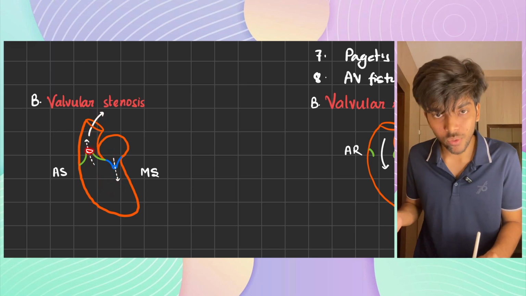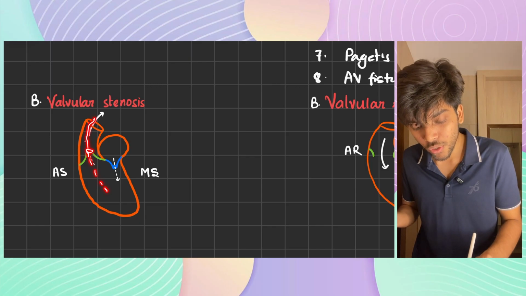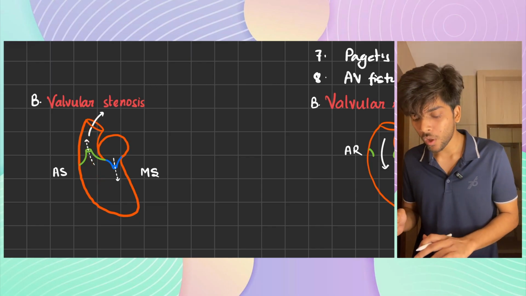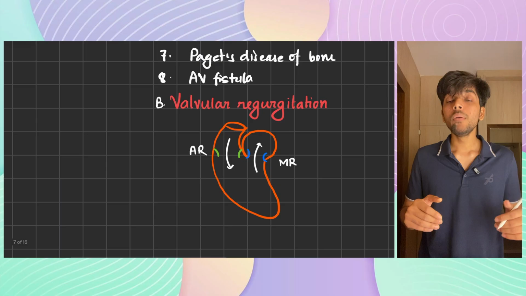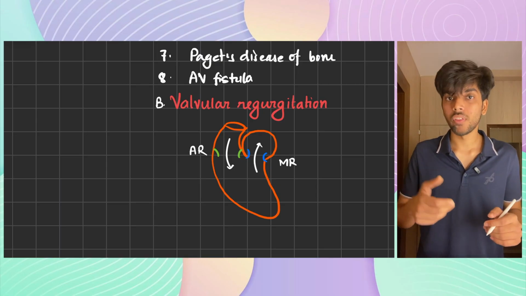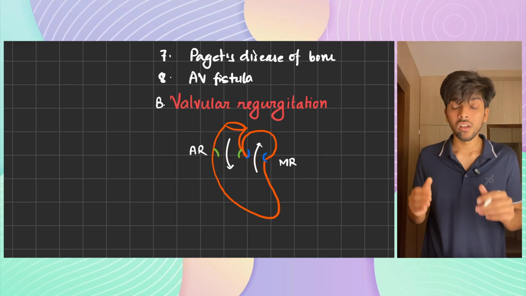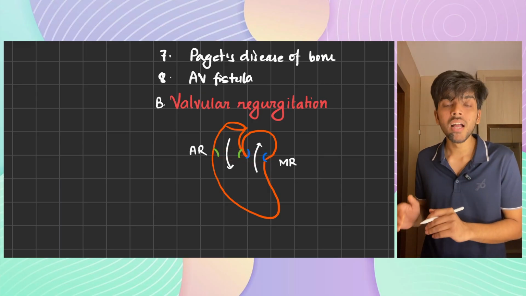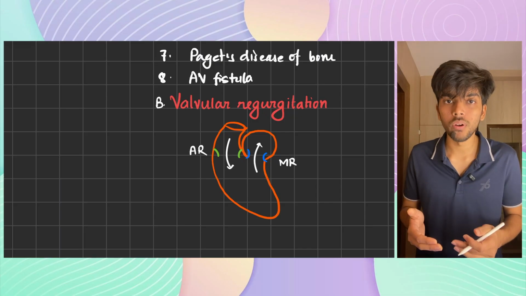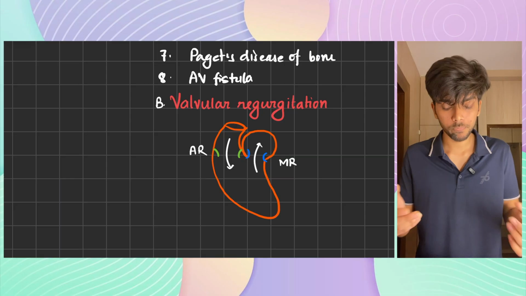In aortic stenosis, less blood gets pumped out of the left ventricle, so you get a low volume pulse. On the other hand, high volume pulse is seen in regurgitant lesion of the valve, like mitral regurgitation and aortic regurgitation, because the regurgitant lesions result in volume overload, and if there is volume overload, it will eventually lead to high volume pulse.